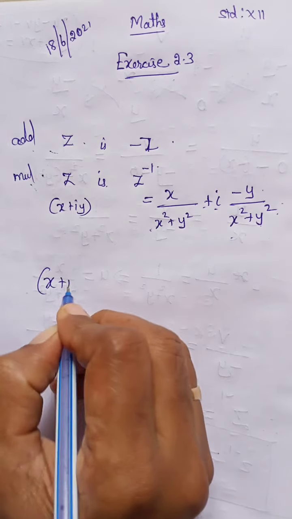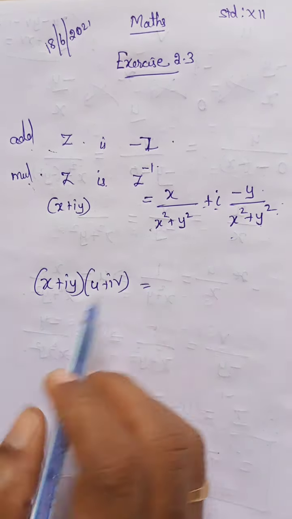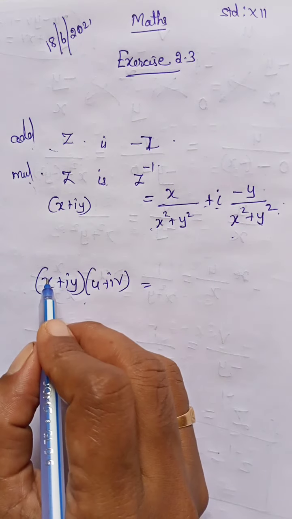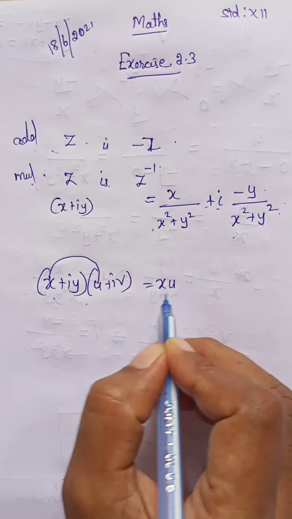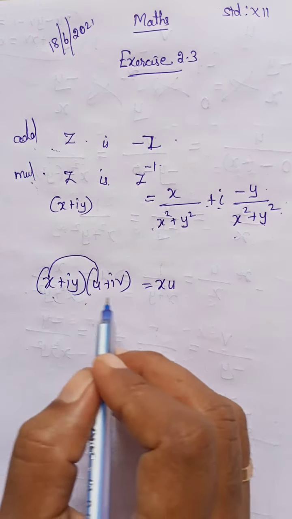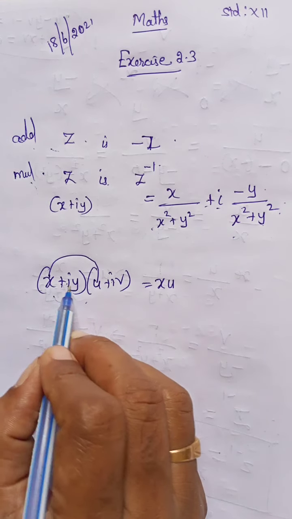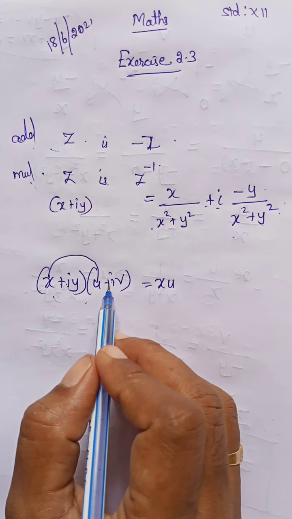Say x plus iy into u plus iv. You can multiply by the ordinary method, or we have a direct formula. The real part is xu minus yv, since i into i is i square, which is minus 1.